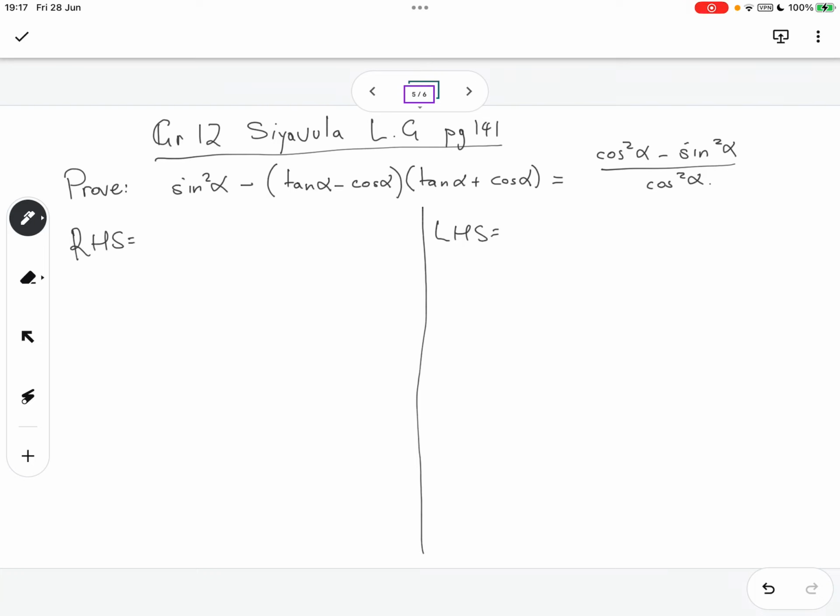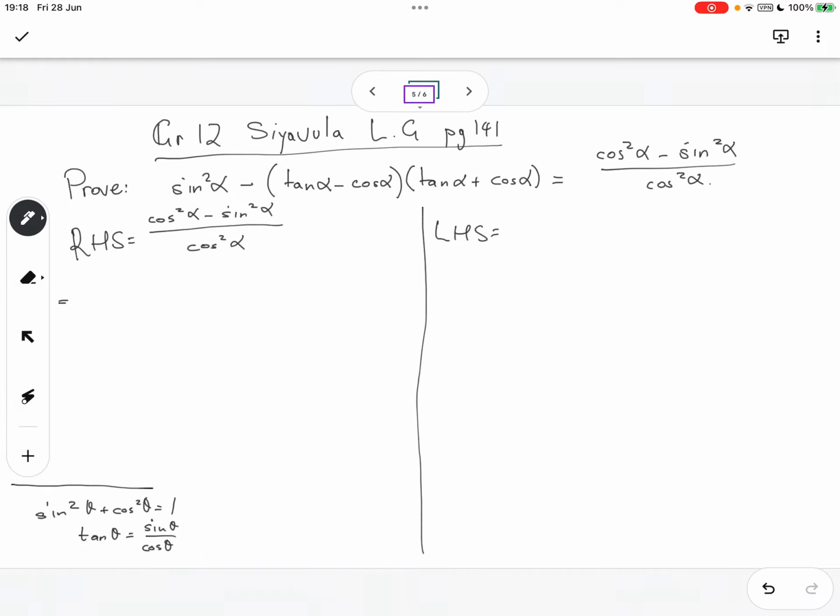So for right-hand side, we have cos squared alpha minus sine squared alpha divided by cos squared alpha. And this equals, we can write cos squared alpha as, what's this? First things first, our identities are sine squared theta plus cos squared theta equals 1, and we also have tan theta equals sine theta over cos theta.